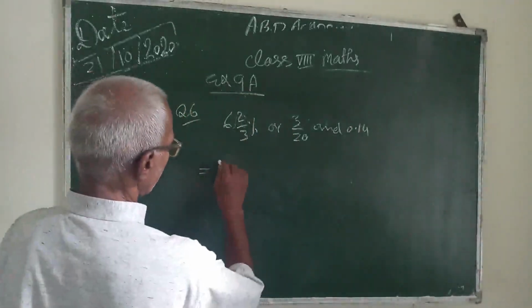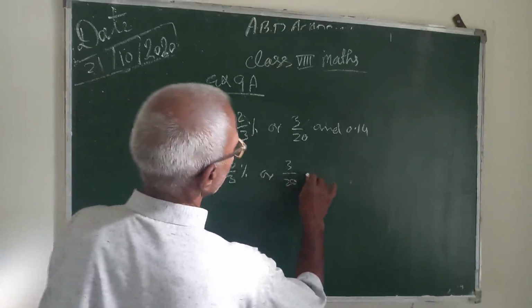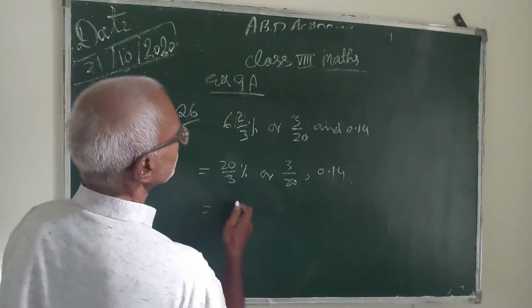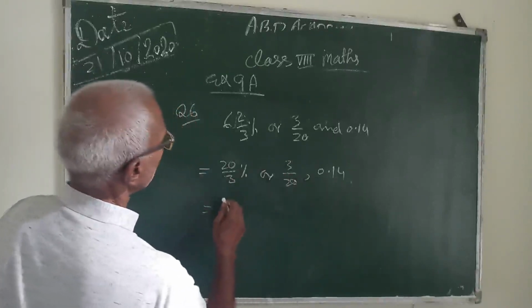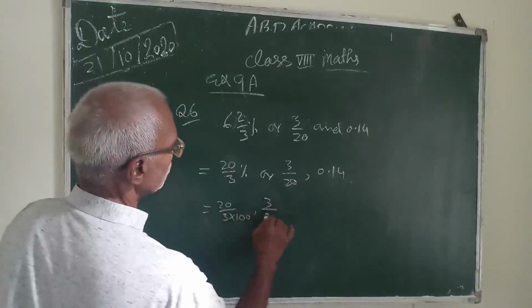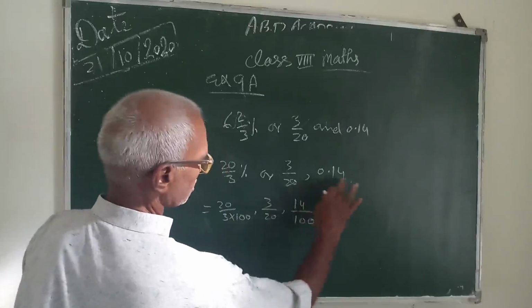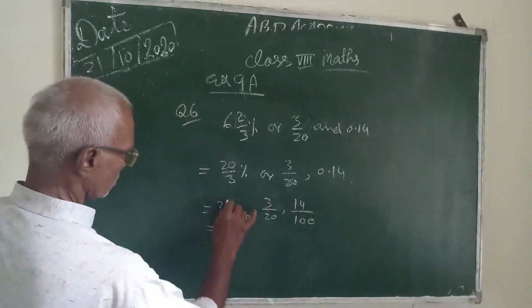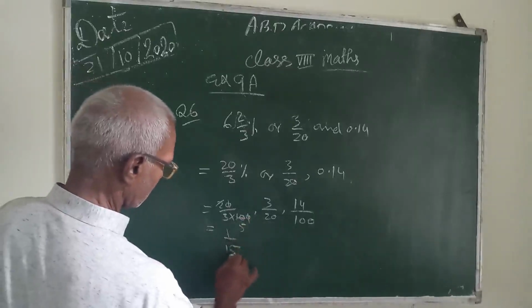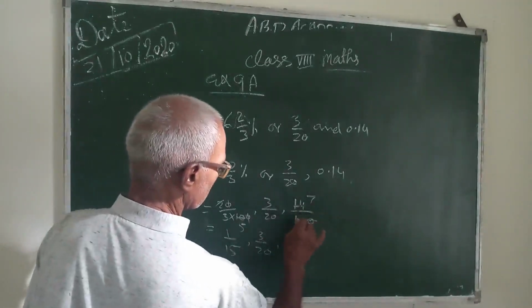So better we should change them. 3 by 20 is a ratio, and 0.14 is 14 upon 100, because 2 places of decimal are here. So it becomes 7 by 50.